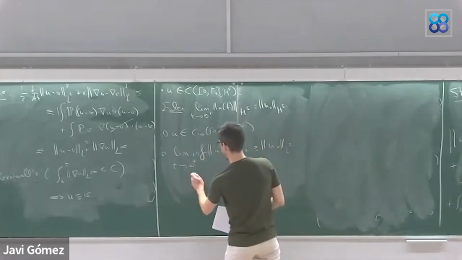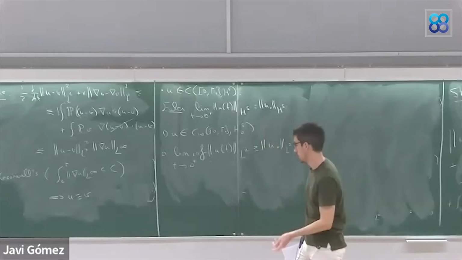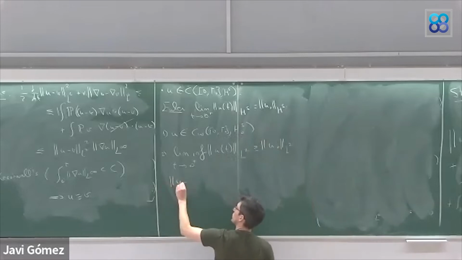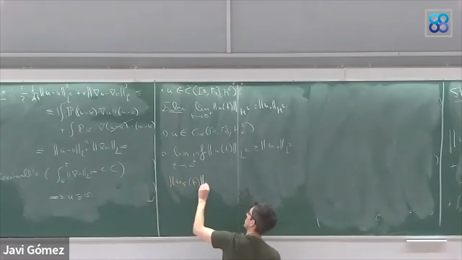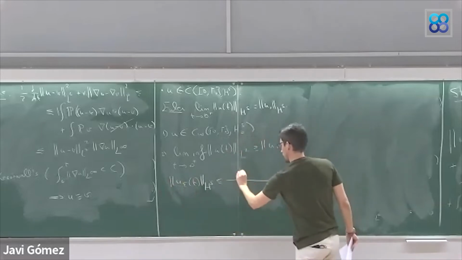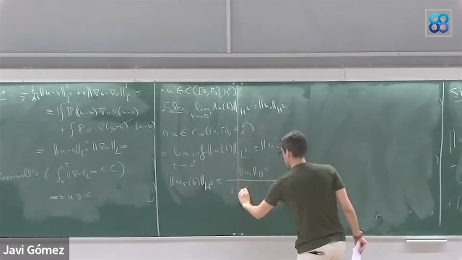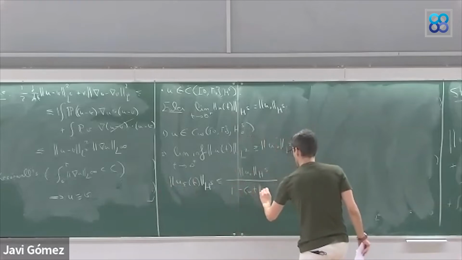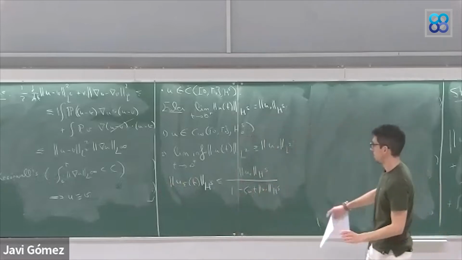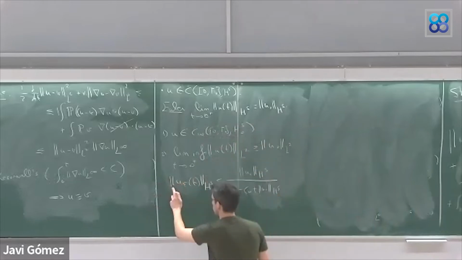And then to obtain the other part, I will use the estimate that we have from the energy balance. We knew that the H^s norm of u epsilon was less or equal than the H^s norm of U0 times 1 minus some constant in T, the initial data. So because this is true, let's take the limit sup in epsilon.